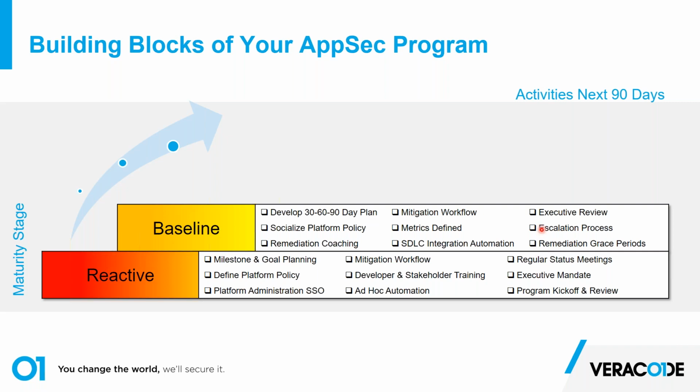And then having the escalation process is going to be important, because you'll quickly find that we did a baseline 2 quarters ago and the team hasn't fixed anything because they've got competing priorities. So you need to have the infrastructure in place where you can have the risk-based conversations.